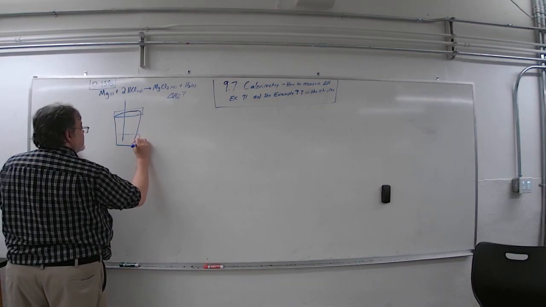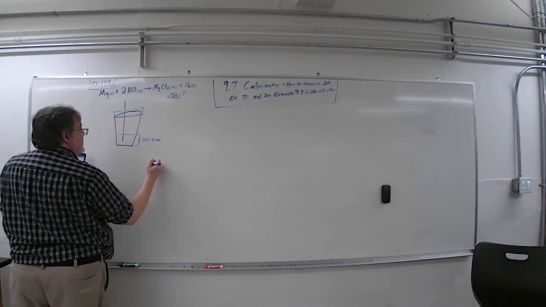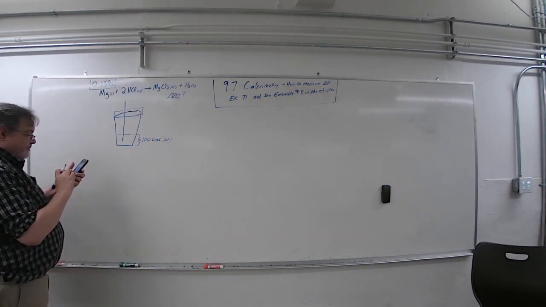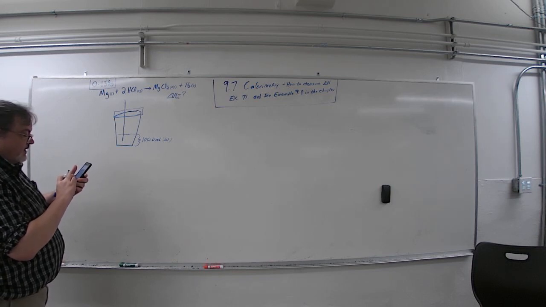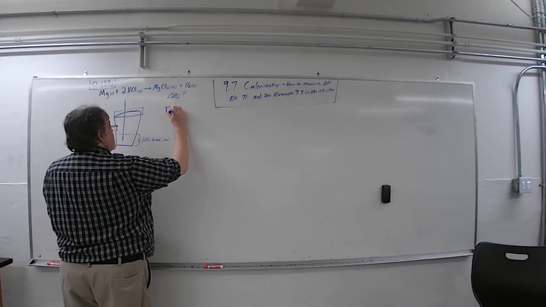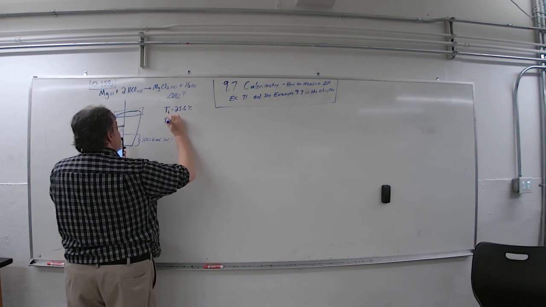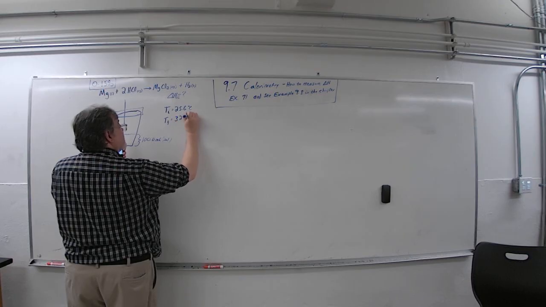This is 100 milliliters of solution. And the temperature change: temperature initial is 25.6 degrees C, temperature final in that cup is 32.8 degrees C.